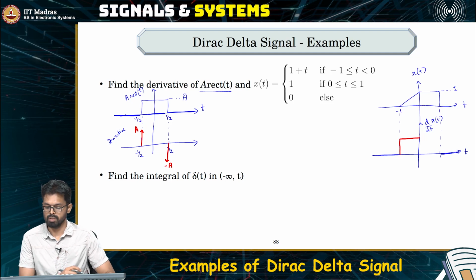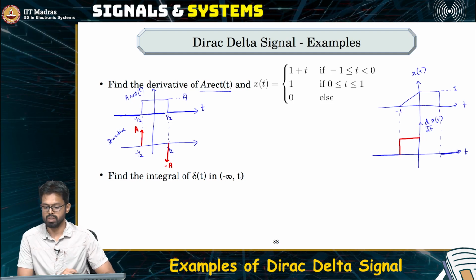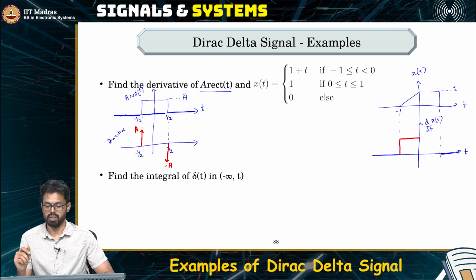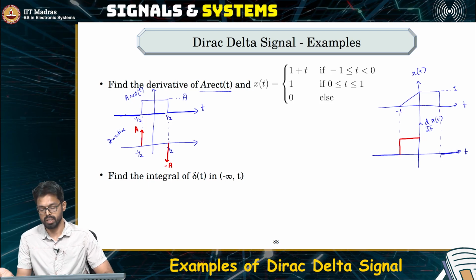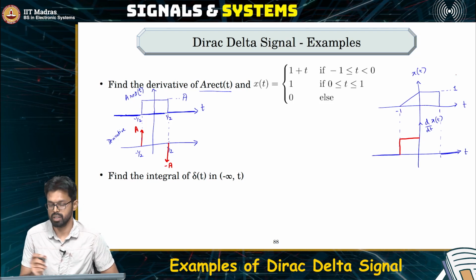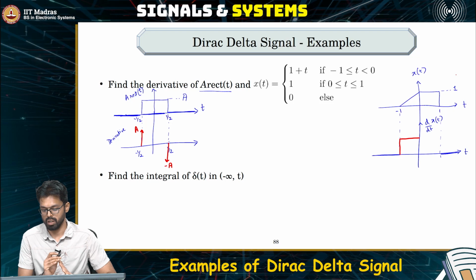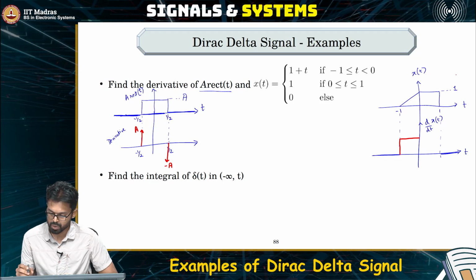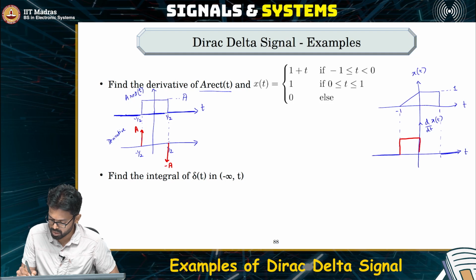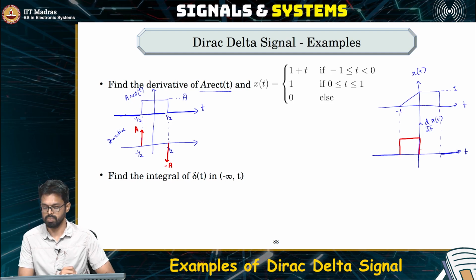All right. At 0, what happens? The signal becomes constant from 0 to 1, which means the slope now changes to 0. Things are continuous, there is no sudden jump, so everything has been smoothly increasing. So from 0 to 1, the signal slope is 0.